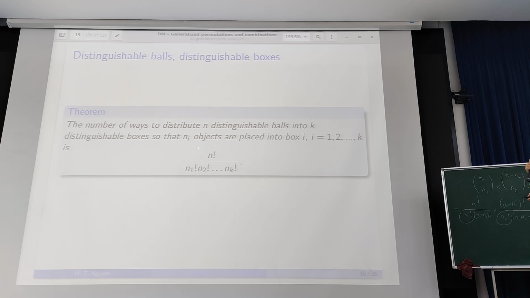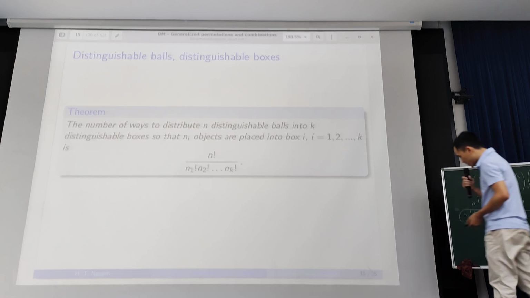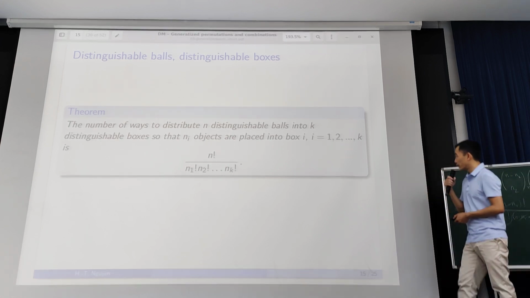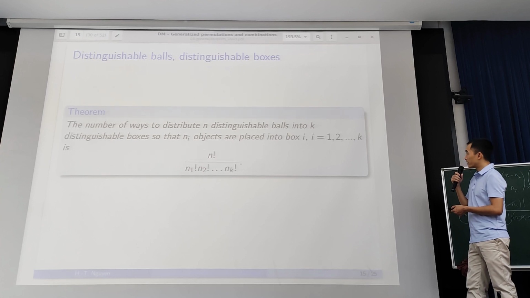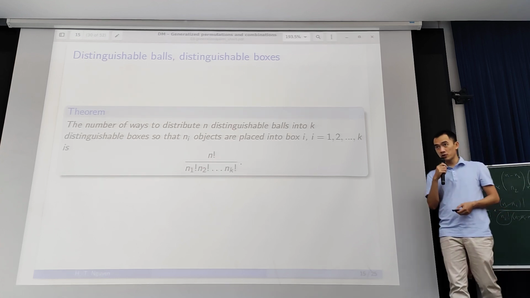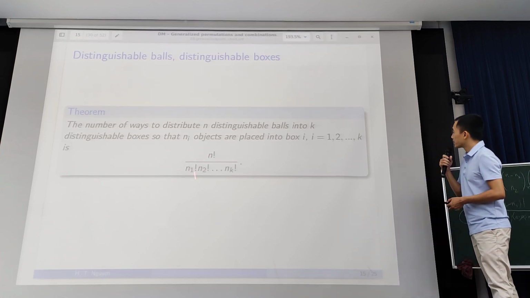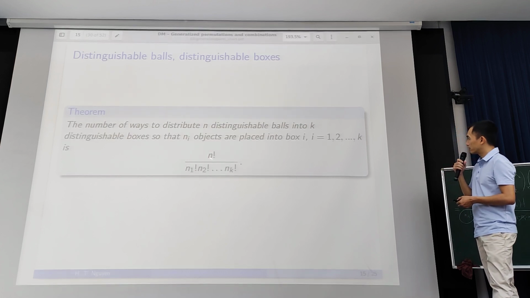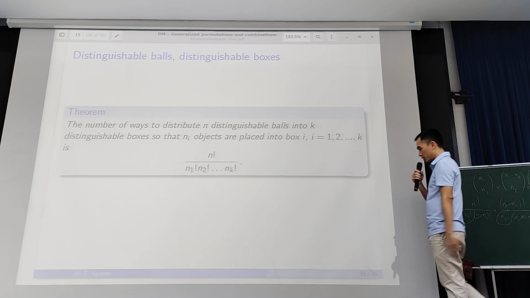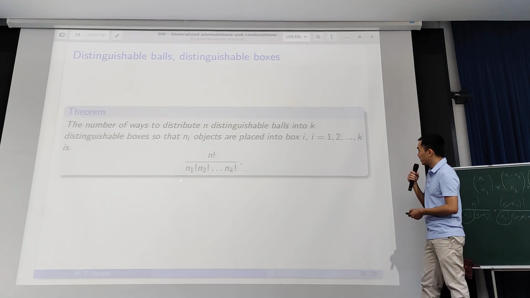So here we cheat a little by fixing the number of balls we allow in each box. So we have n distinguishable balls, and in general we have n permutation ways to arrange them.